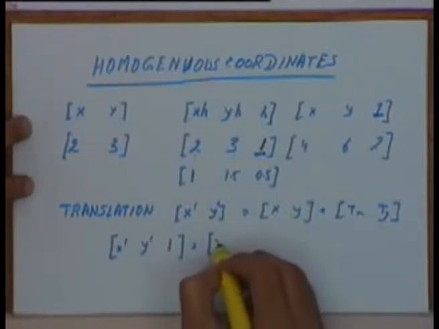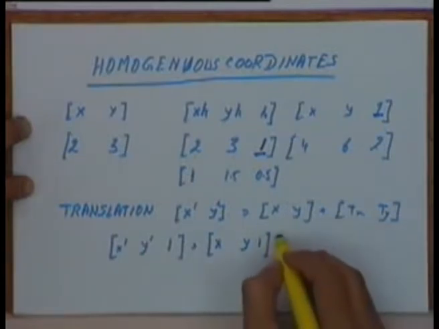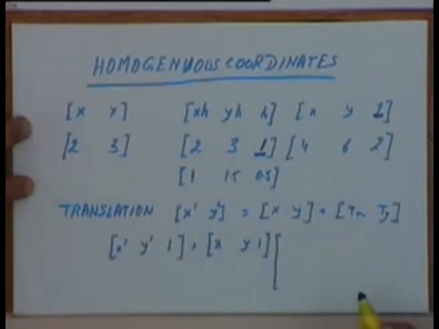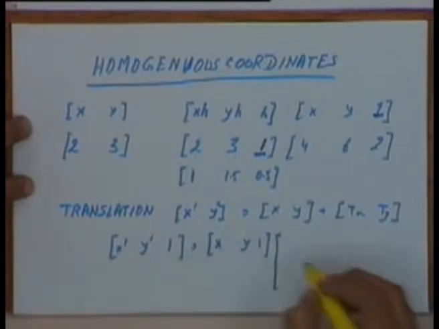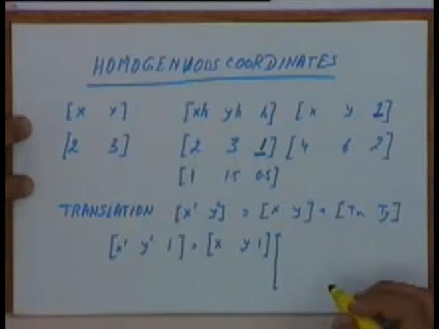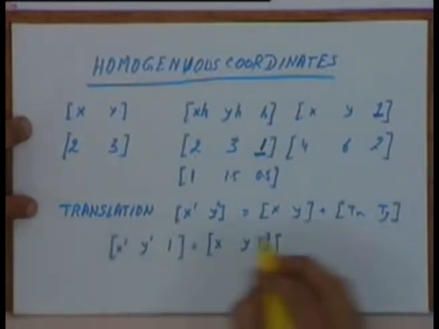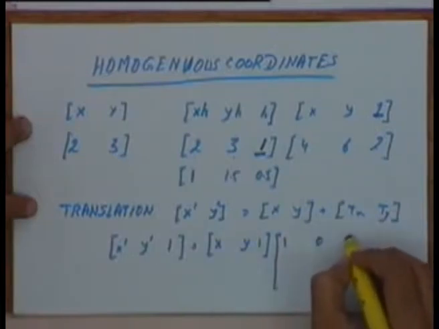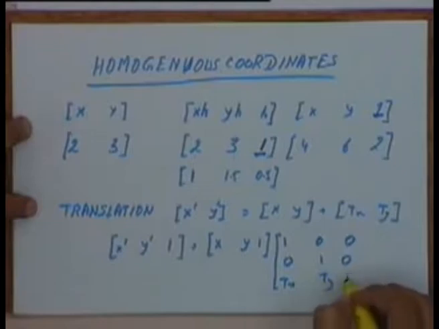This will be equal to x y 1, and since our points consist of 3 coordinates, our transformation matrix will also be a 3 by 3 matrix. For translation we will get 1 0 0, 0 1 0, tx ty 1.